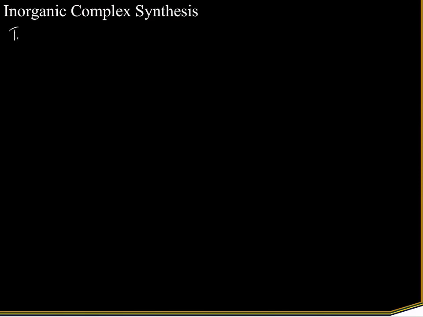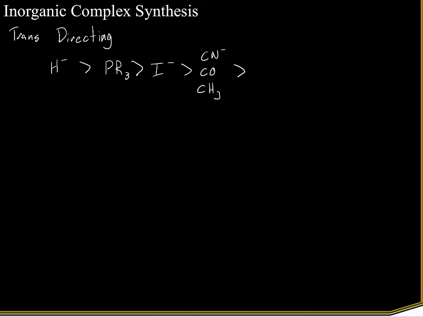So for our trans-directing ligands, our strongest trans directors are hydrides and phosphines, which is better than iodide, which is better than CN or CO, or even methyl falls in a very similar spot in trans-directing ligands, over Cl minus, over amines, which are slightly better than other alkylamines, which is slightly better than pyridine.